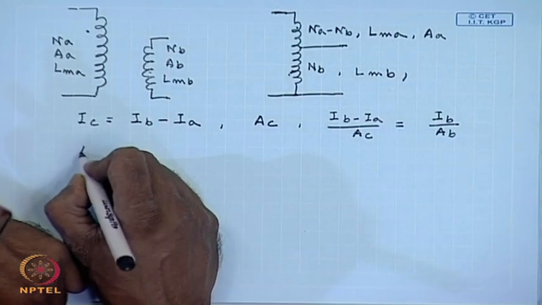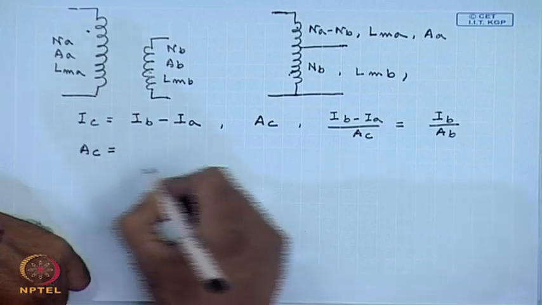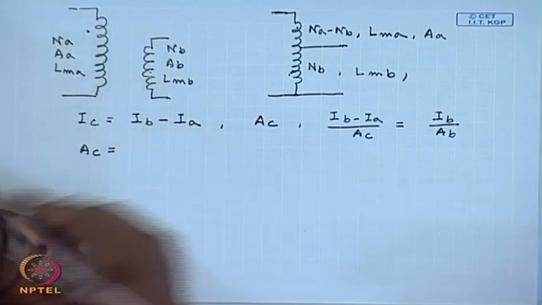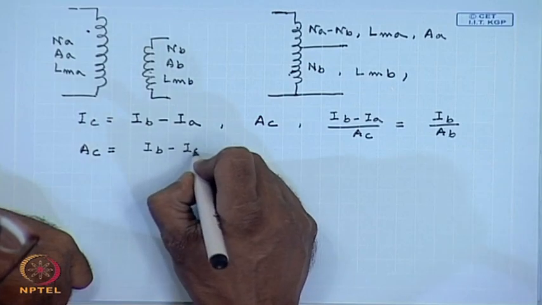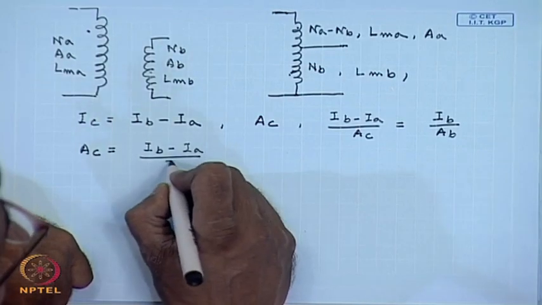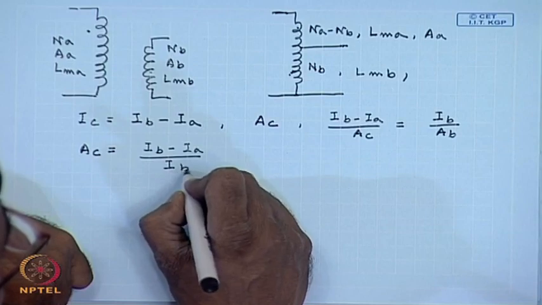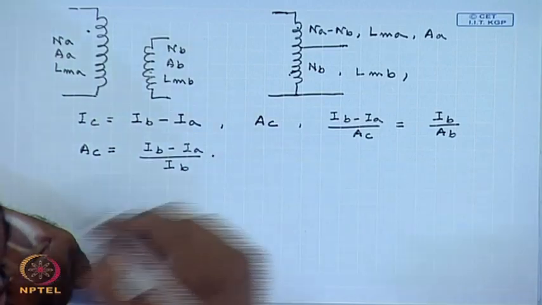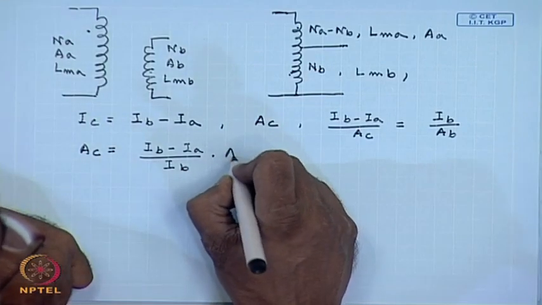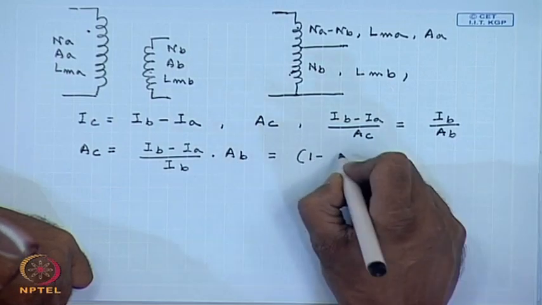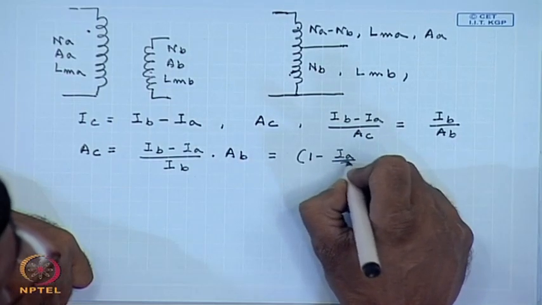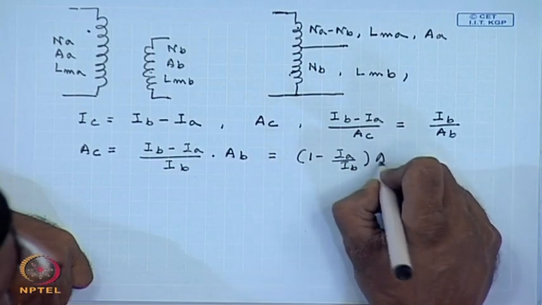Therefore, AC equal to IB minus IA by IB into AB, which is 1 minus IA by IB into AB.